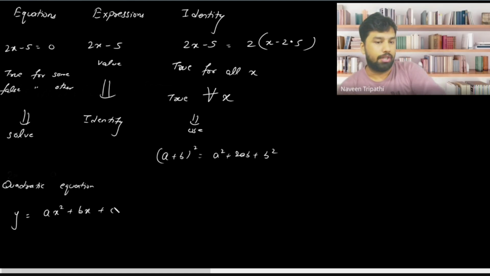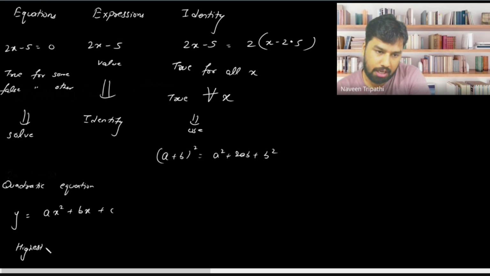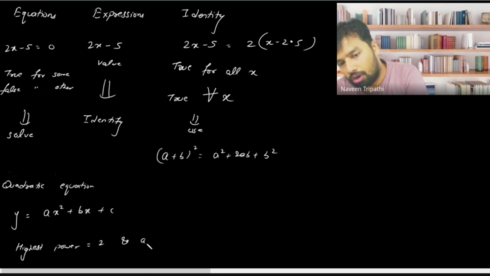But there is one more condition, which is not discussed very often. a cannot be equal to 0. Yes, that is fine. The highest power is 2, and all powers are whole numbers.